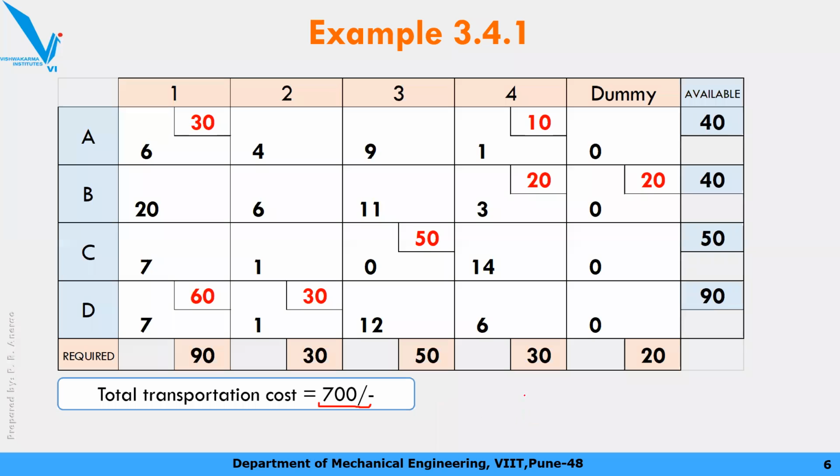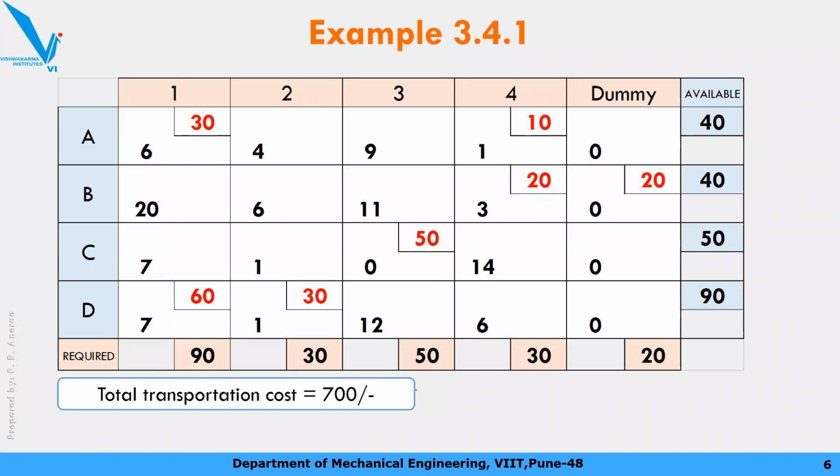Now we need to go for optimization, but before that we can only implement the optimization procedure if we are dealing with a non-degenerate initial basic feasible solution. Okay, don't worry about the complicated terms or pronunciation. Actually it is very easy.